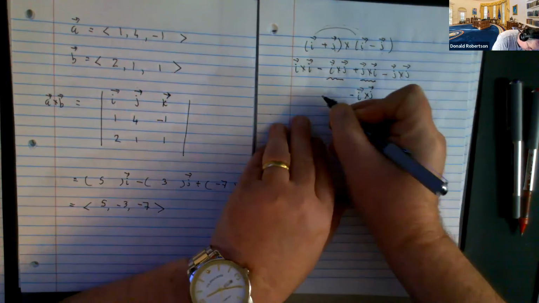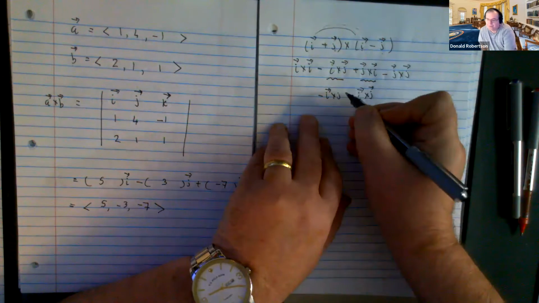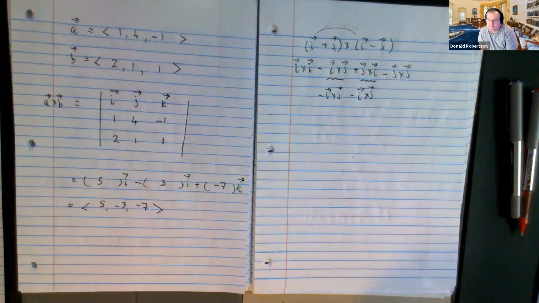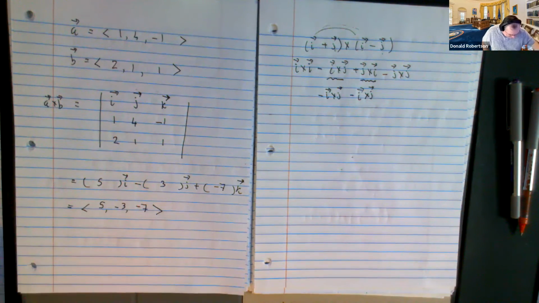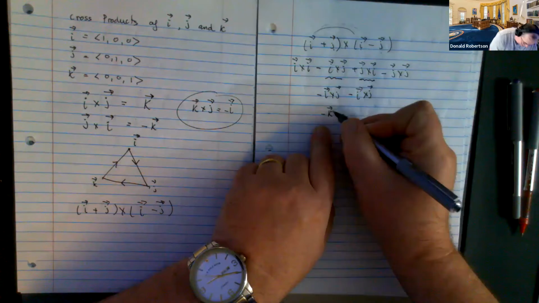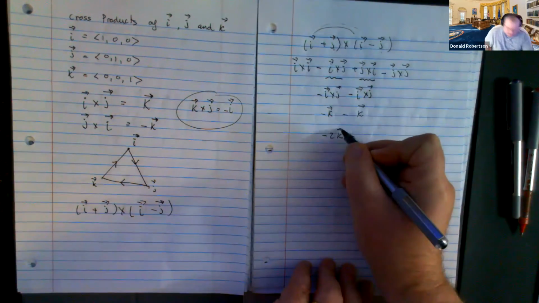Are you comfortable with that answer? Okay. According to my little triangle, isn't i cross j k? And isn't that one k? So they combine to give me negative 2k.